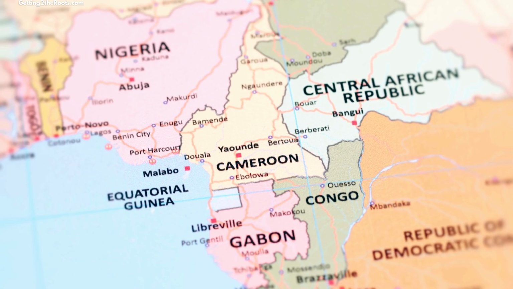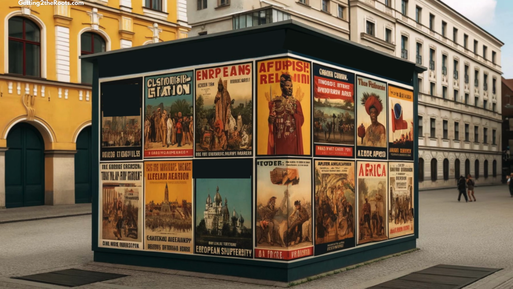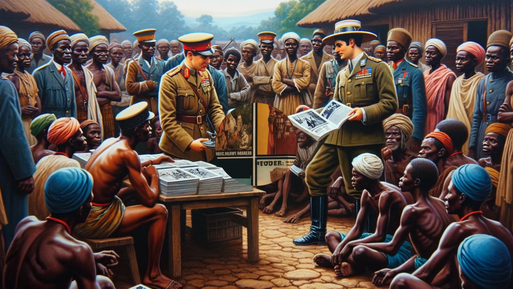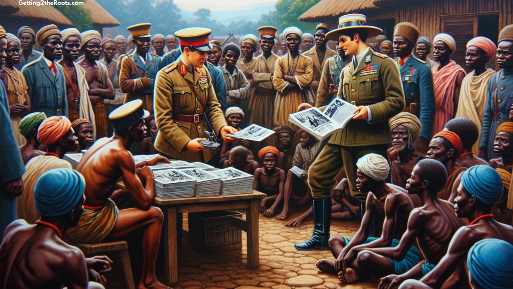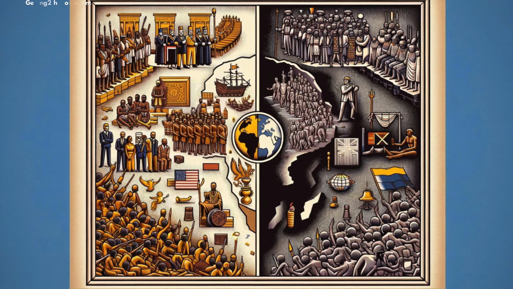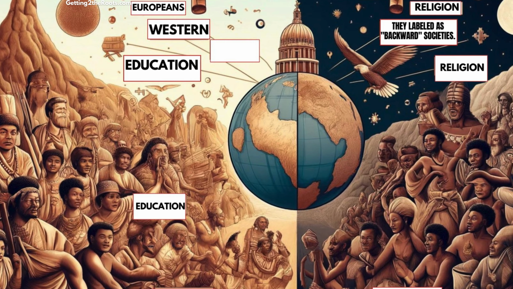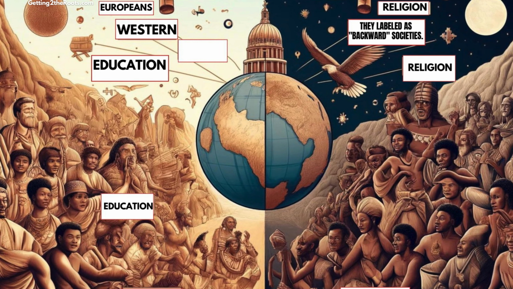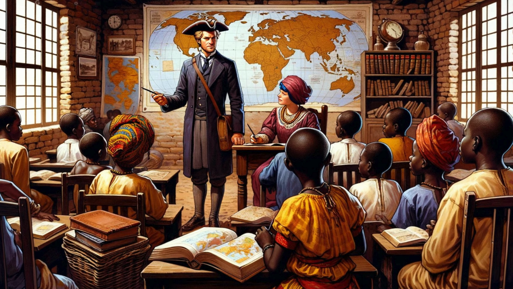Accompanying physical colonization efforts, European powers employed psychological warfare through propaganda to justify their expansionist activities. The narrative of the civilizing mission was pivotal, wherein Europeans claimed to bring enlightenment, Western education, religion, and culture to what they labeled as backward societies.